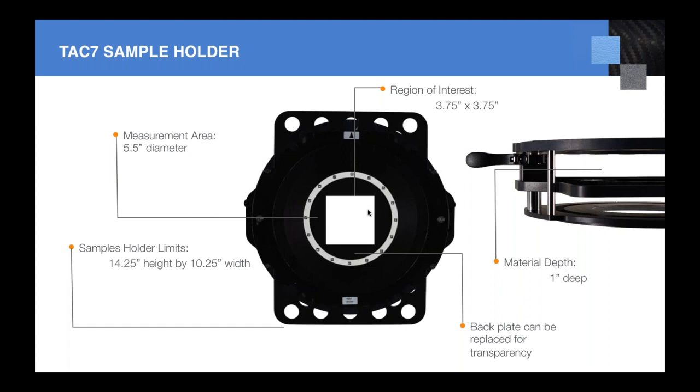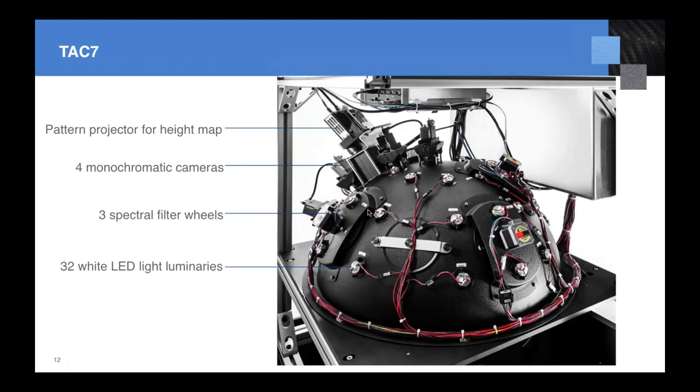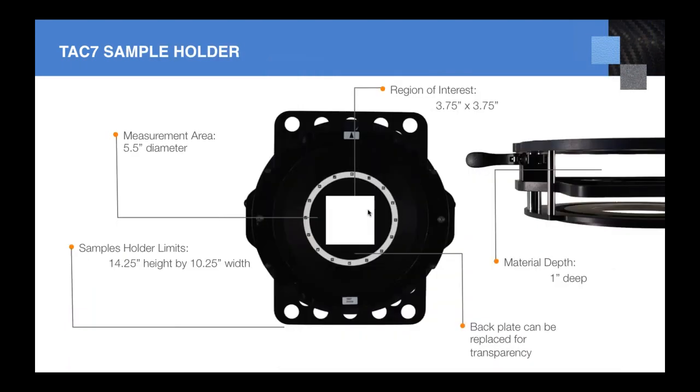We're rotating the material as opposed to the camera. This is that sample holder that would go underneath the plate that you see here. It would fit in that area between the bottom of what you can see and the plate where the dome rested.